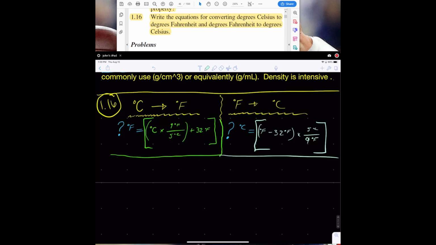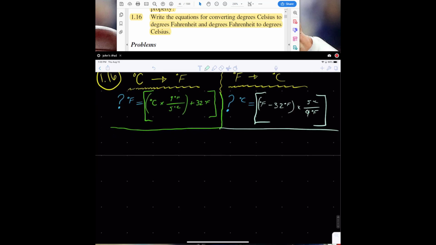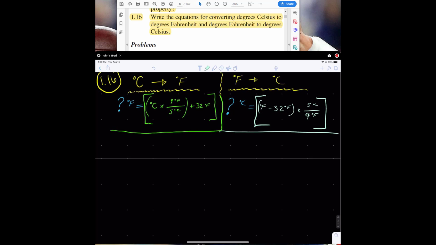I want to include here the formula for Kelvin.